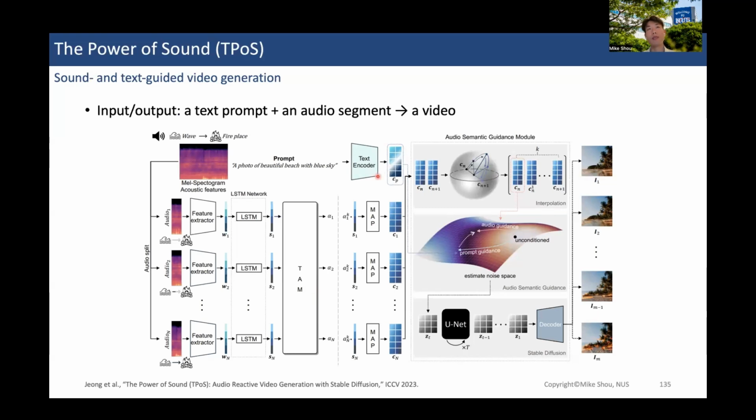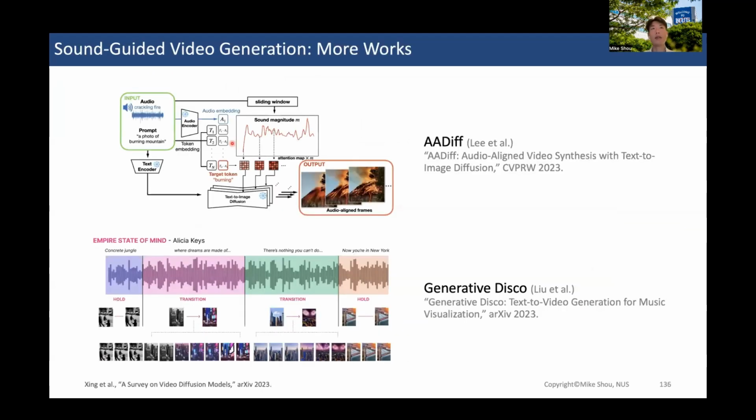Based on such a prompt, we may generate something very similar, but not precise, in the sense that at first there is a beach, and then you can see a fireplace. Why is that? It's because they have another condition, the audio segment. Initially it's just the waves, and then it has the sound of a fireplace. And there are also other works along this line using audio or sound as condition.